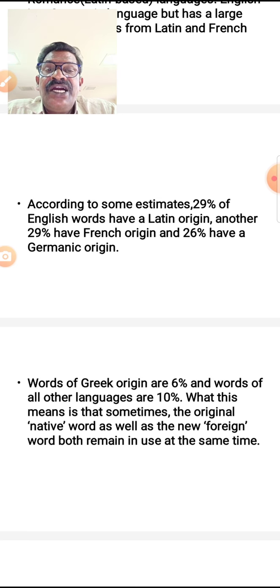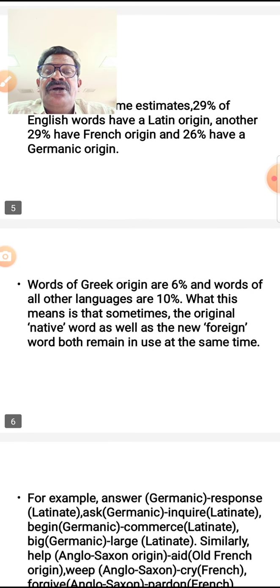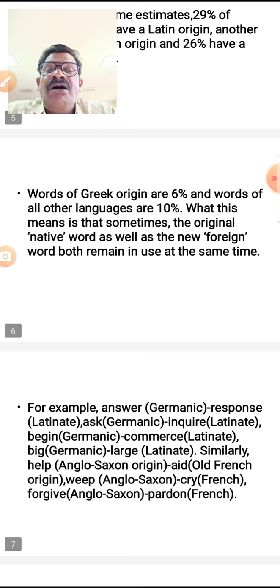So 29% from Latin, 29% French origin, 26% from Germanic origin. Right? Words of Greek origin are 6%. So 6% of words have been borrowed from the Greek language.